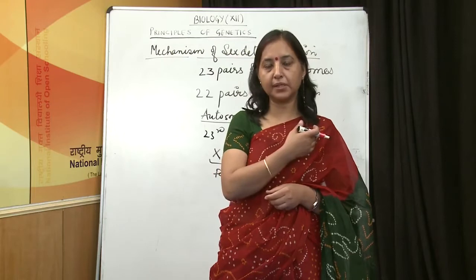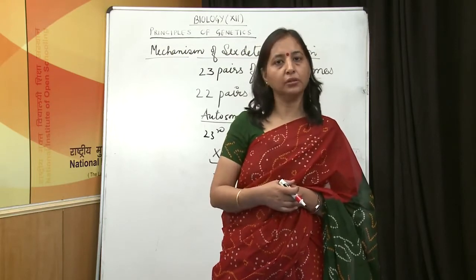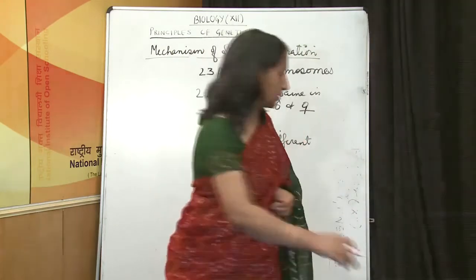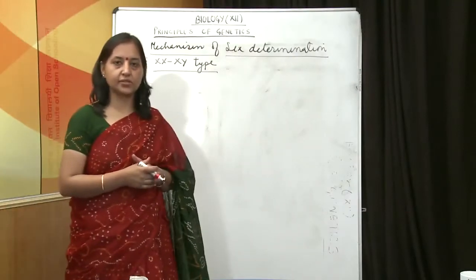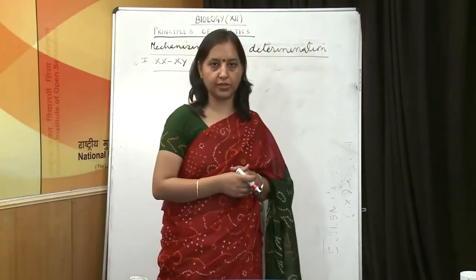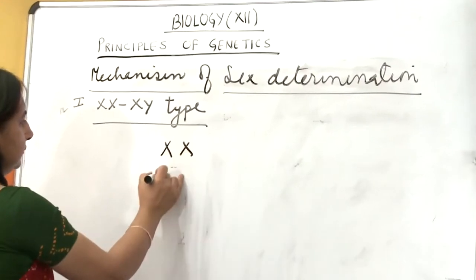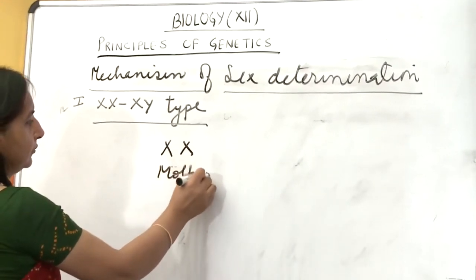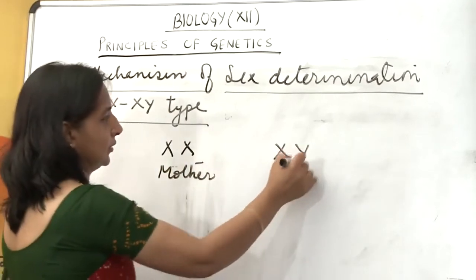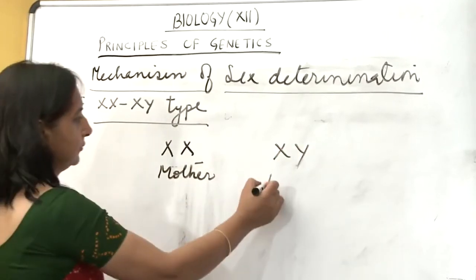We can simply see here how the sex is determined at the time of fertilization. In human beings, sex is determined at the time of fertilization. This is the genotype of the mother. This is the genotype of the father.